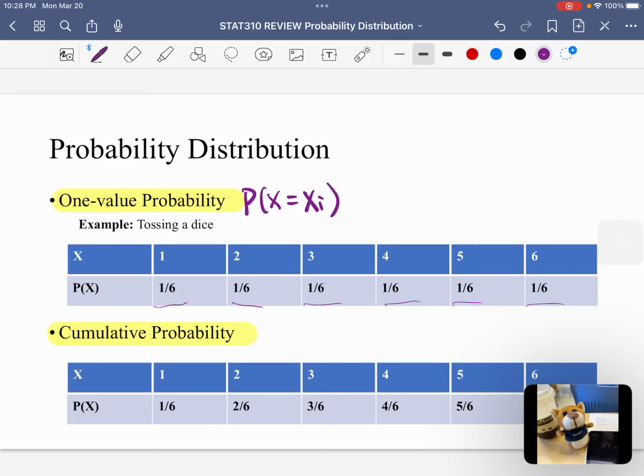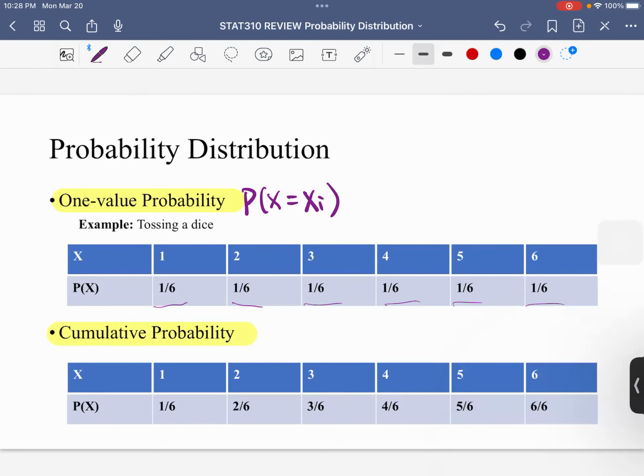However, when you look at the cumulative probability, it's different. Cumulative probability is saying that I want to know the probability of x less than or equal to xi, which means it is cumulative. Just look at this as an example.